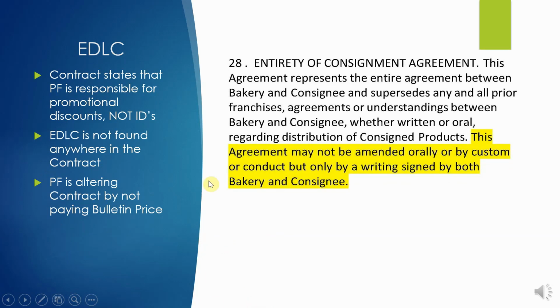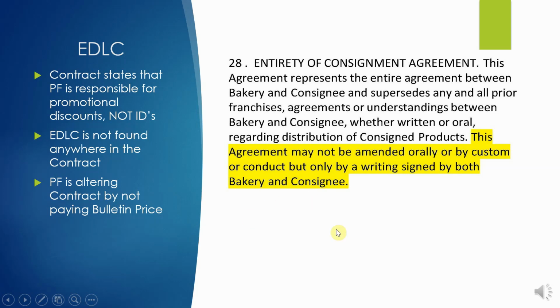But if we take a look towards the end of the contract, we see paragraph 28, called Entirety of Consignment Agreement. This agreement may not be amended orally or by custom or by conduct, but only by a writing signed by both bakery and consignee. Well, what is EDLC? That is by conduct by Pepperidge Farm.